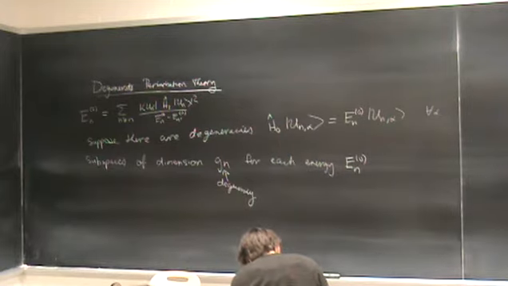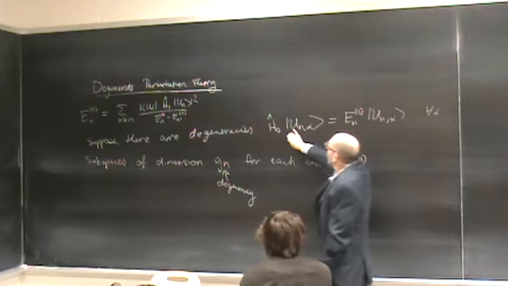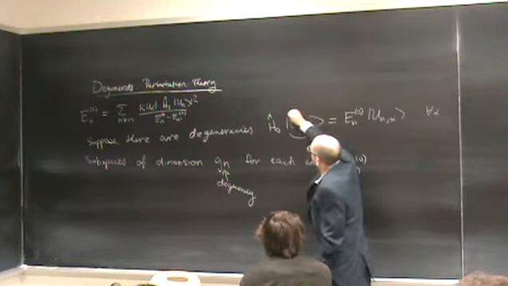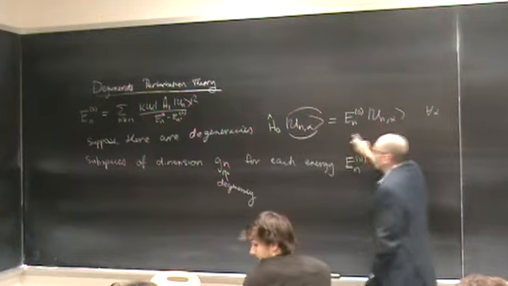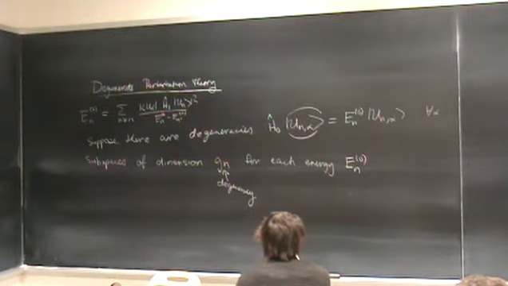So, in formulating the perturbation theory, the idea then is to pick the states that are the zeroth order solution of the problem appropriately so that we can get rid of any divergences. I'll show you how that works.